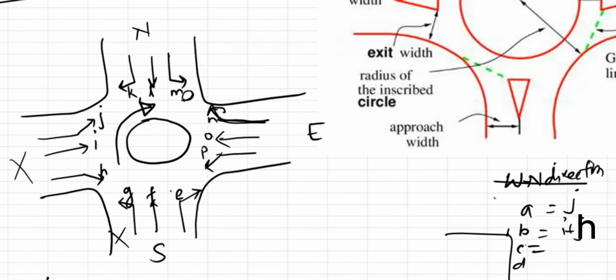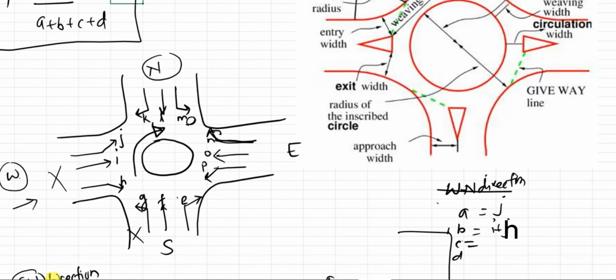C is the traffic that exits at N, for the west north direction, but that starts from south or east. So you have to look at the traffic from south and east. The traffic from F and the traffic from N that exits at N, so that is F plus N.